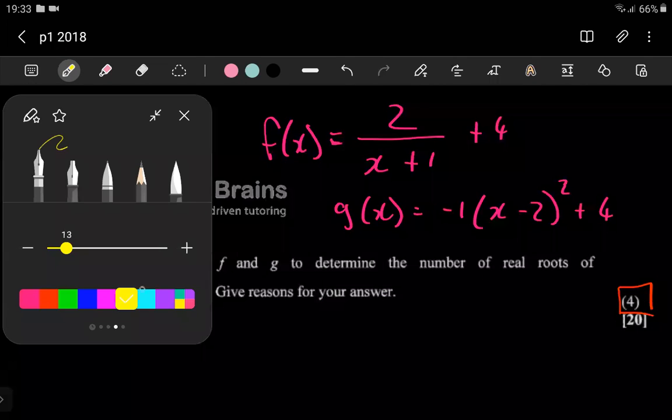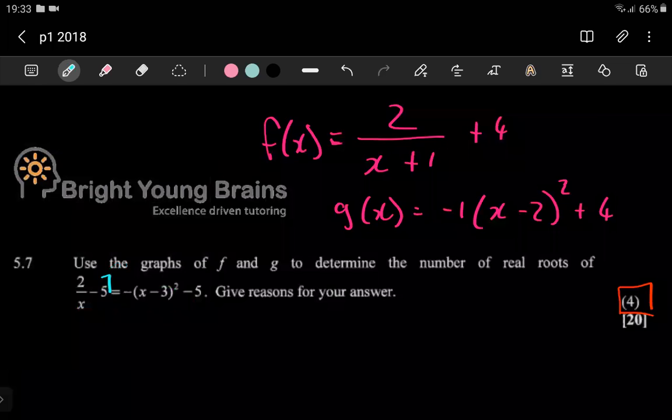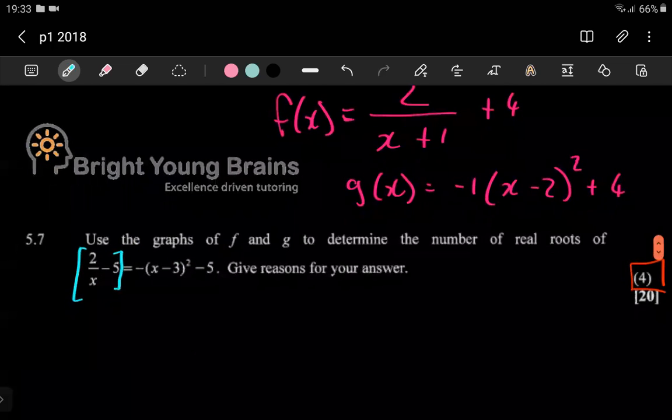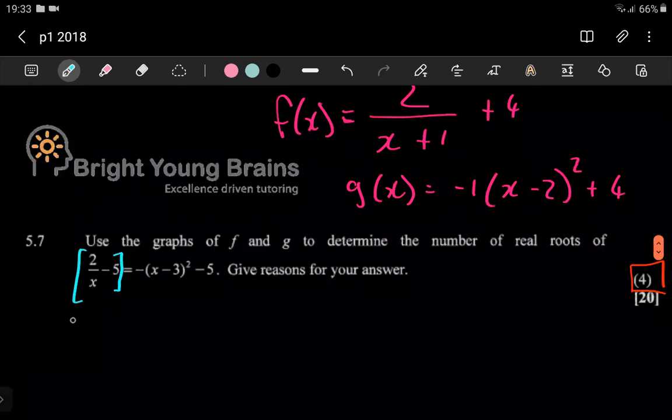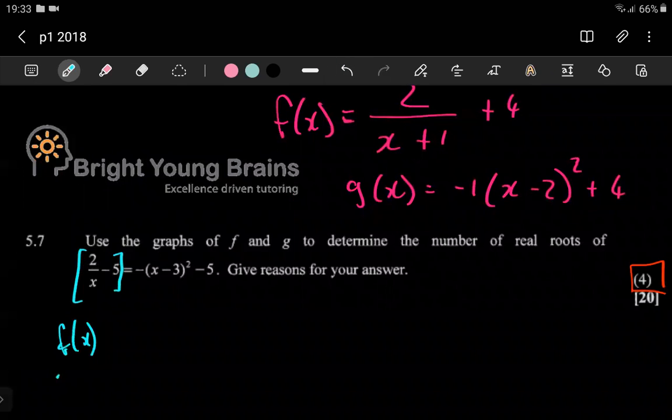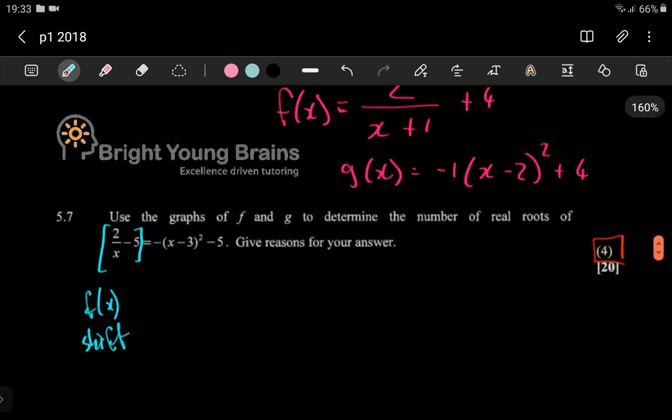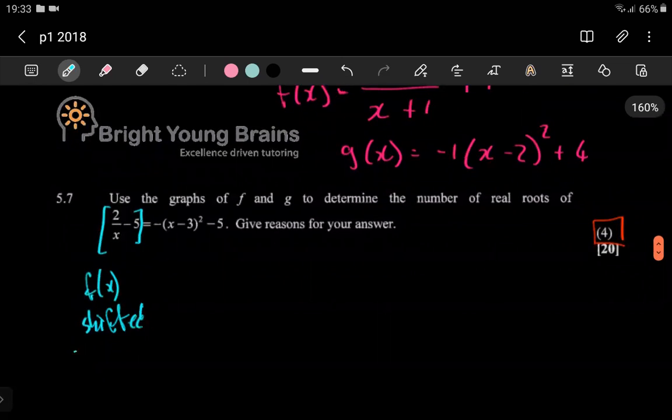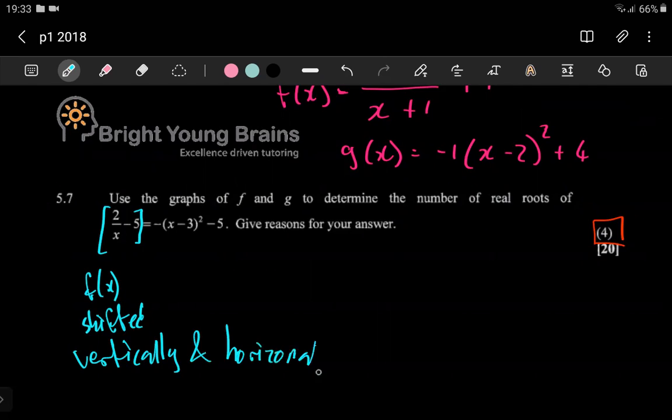So before we read this question again, what you want to recognize is that what you're seeing on the left side here is literally just the equation of f of x shifted vertically and horizontally.